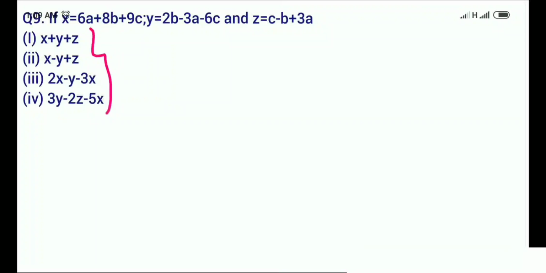In this question, we have to evaluate all these equations based on the values given for x, y and z. So we start with the first question, which is 1. We will directly write the values of x, y and z according to the equation.